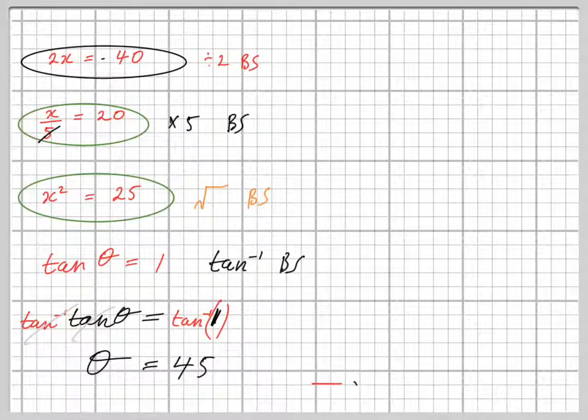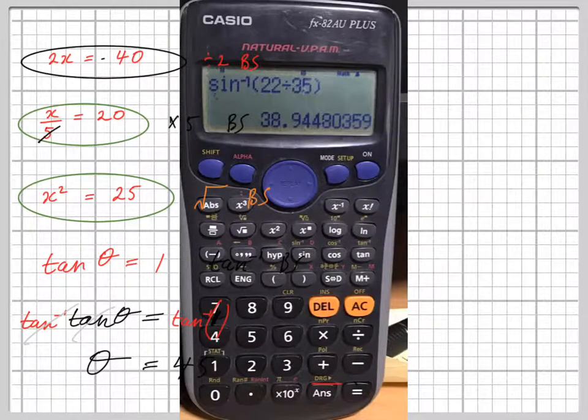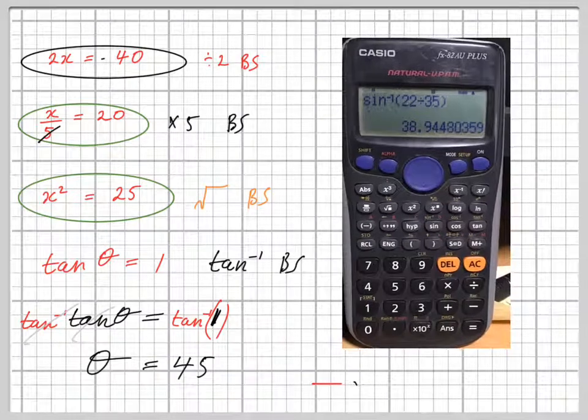Now, one thing I wanted to explain to you guys as well, I want to bring in this calculator here, and I'll make it a bit smaller and just show you how to do inverse tan.